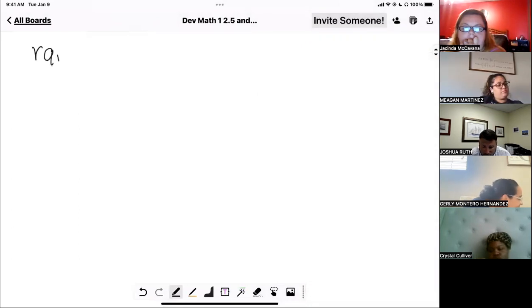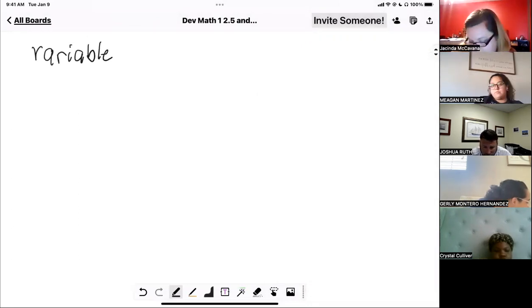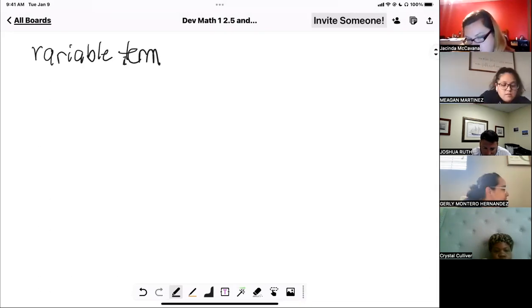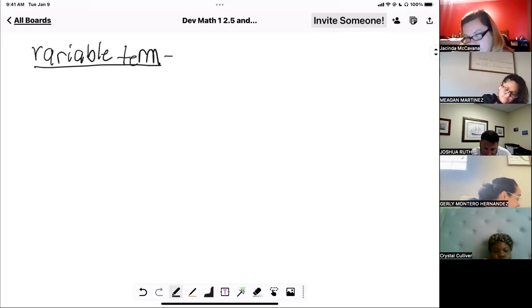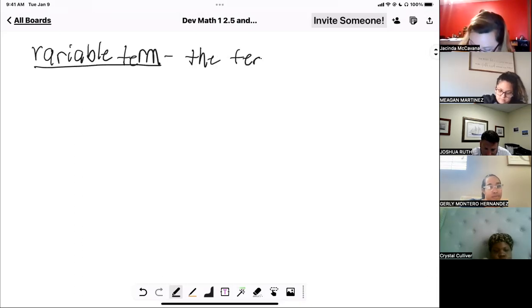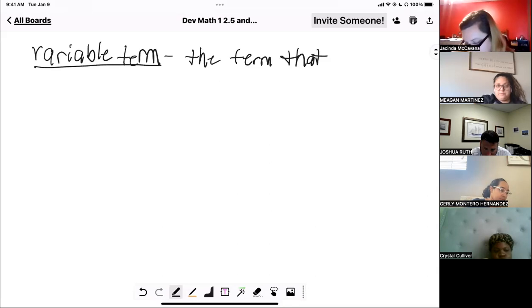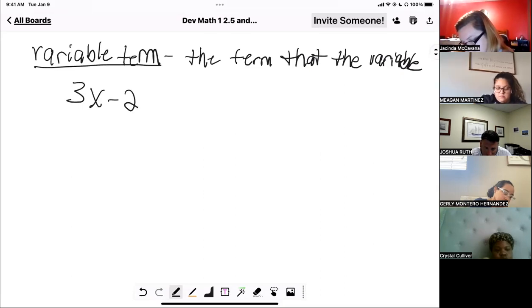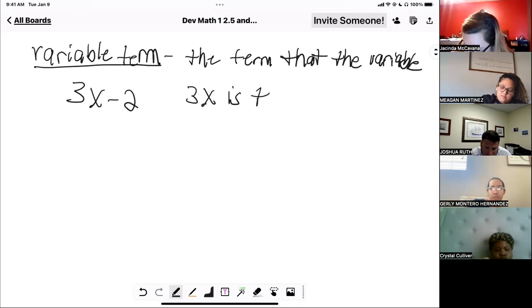Variable term. The term that has a variable. So 3x minus 2. 3x is the variable term.